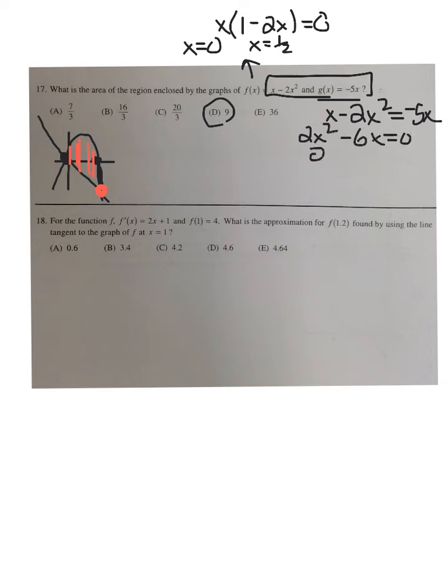Then I'm going to factor out a 2x, and I get x minus 3. I can see that they are intersecting at an x value of 0 and also an x value of 3. Now, I'm going to just bring down the rest of my work down here.